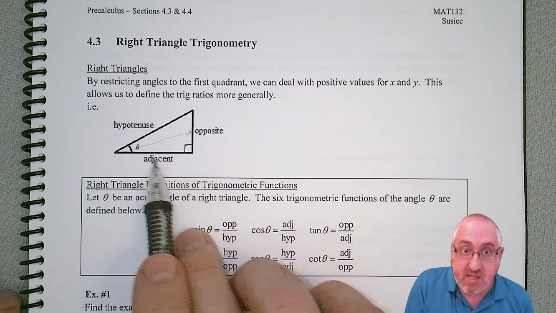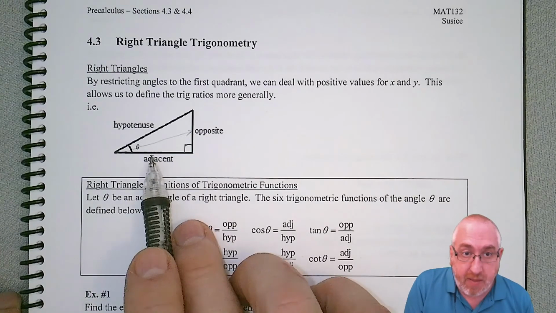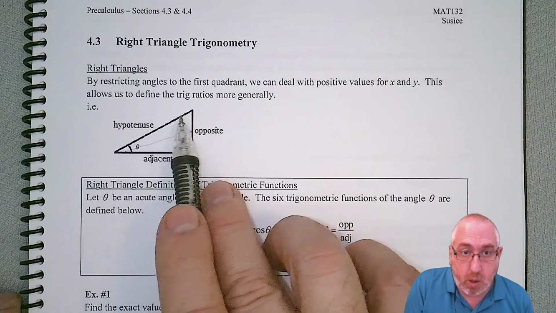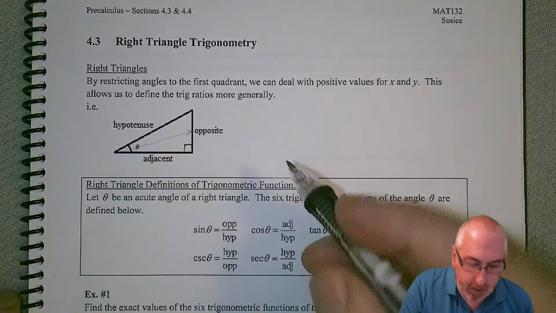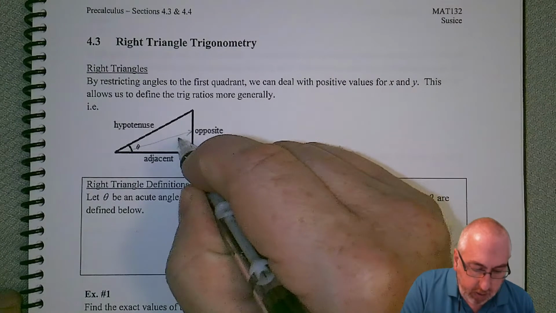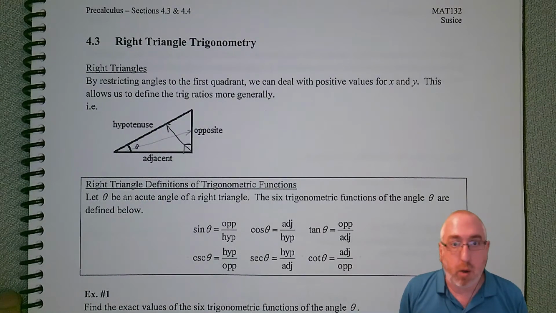You have the side that's adjacent to the angle, so again, it's right next to it. And then the third side, which is always unique because it's opposite the right angle, and that's your hypotenuse. So again, you go straight out from the right angle and you will always hit the hypotenuse.